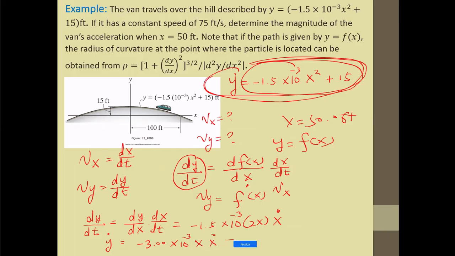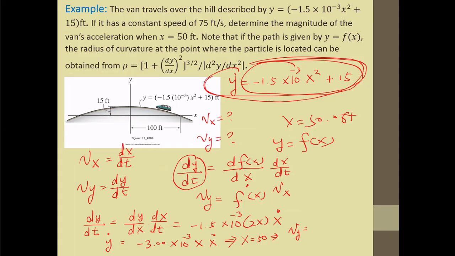Okay, now we evaluate when x equals 50. Plug in then. vy equals, plug in 50 into x.